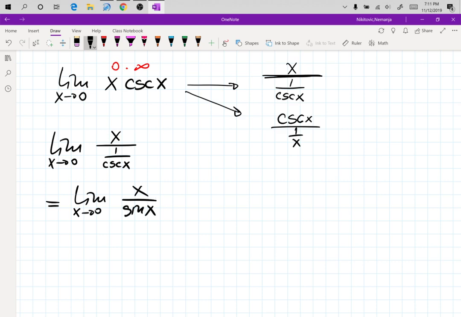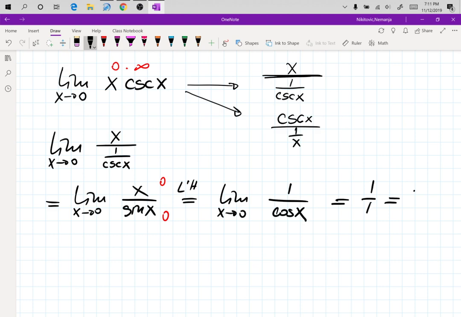And we know that's 1, right? But let's unleash L'Hopital. So now we have 0 over 0, which means L'Hopital. We get limit x goes to 0. You get 1 over cosine x. And that is 1 over 1, which is 1. So we have the problem solved.